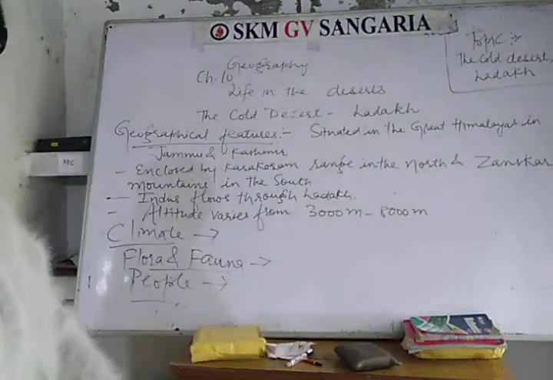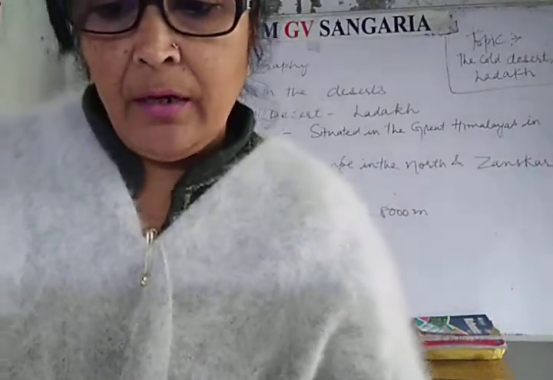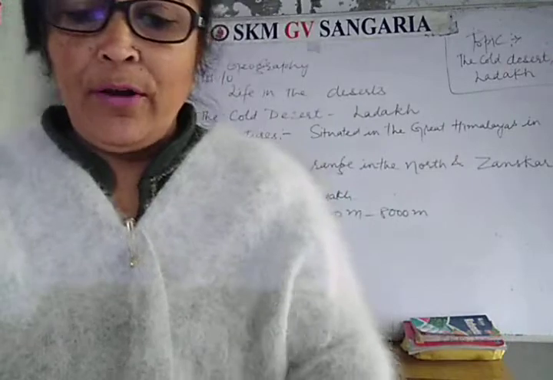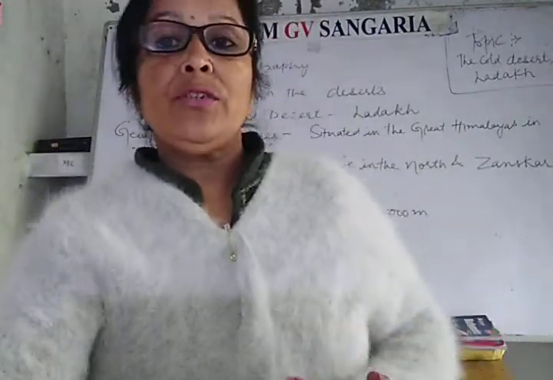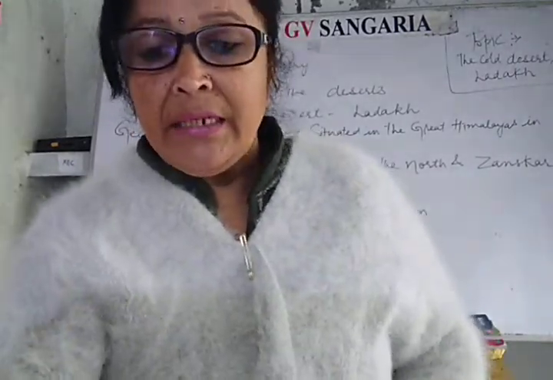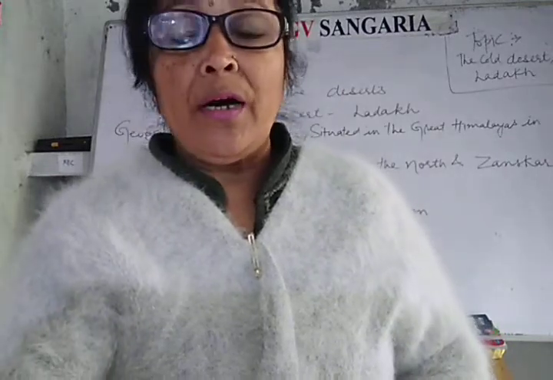Then let's learn about flora and fauna. Flora means vegetation and fauna means animals. Which type of animals are found here? Due to high aridity, the vegetation is sparse.